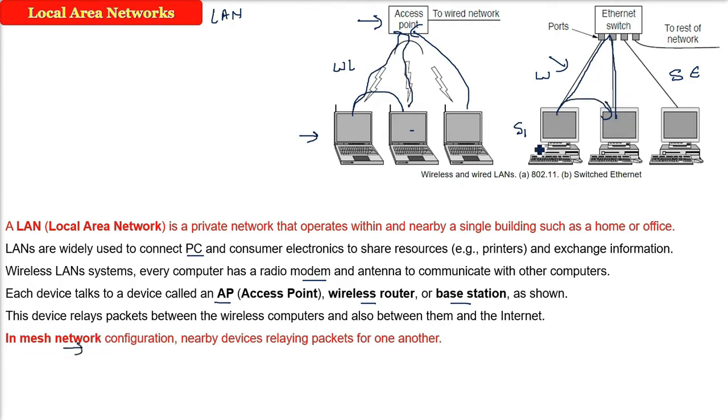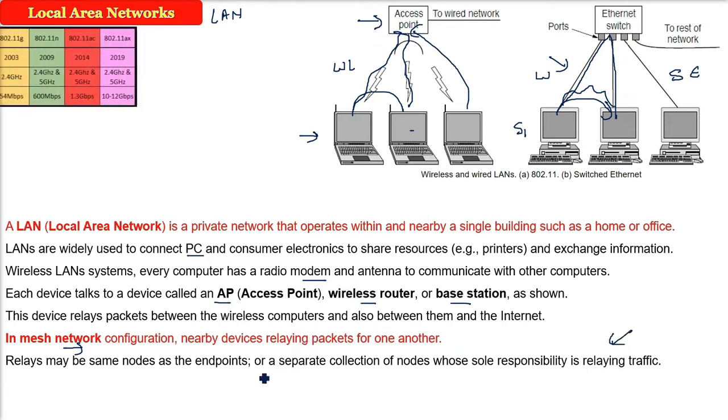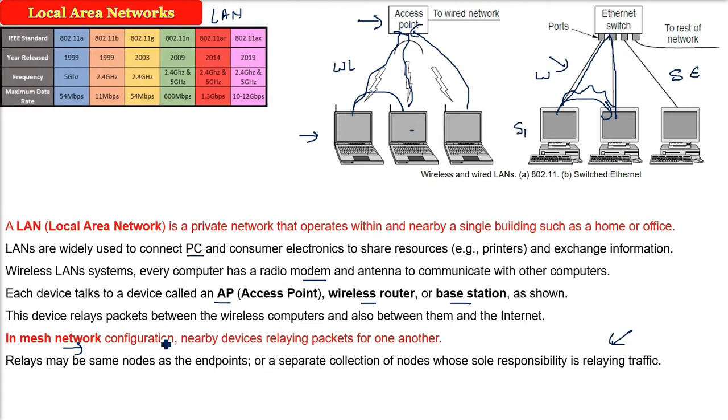But in a mesh network, it is possible. Relays may be the same nodes as the endpoints, meaning the computing devices, where the communication stops. Or a separate collection of nodes whose sole responsibility is relaying traffic. So the switch and access points have only one responsibility, to relay traffic.